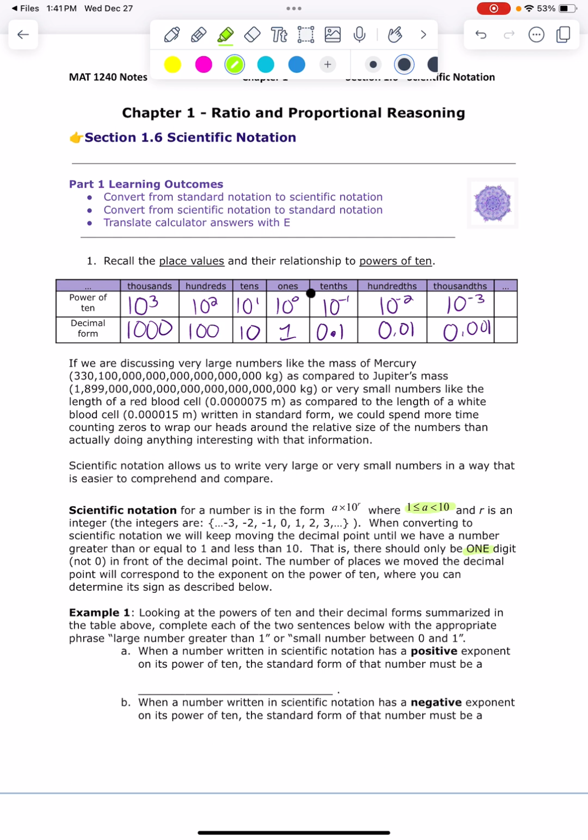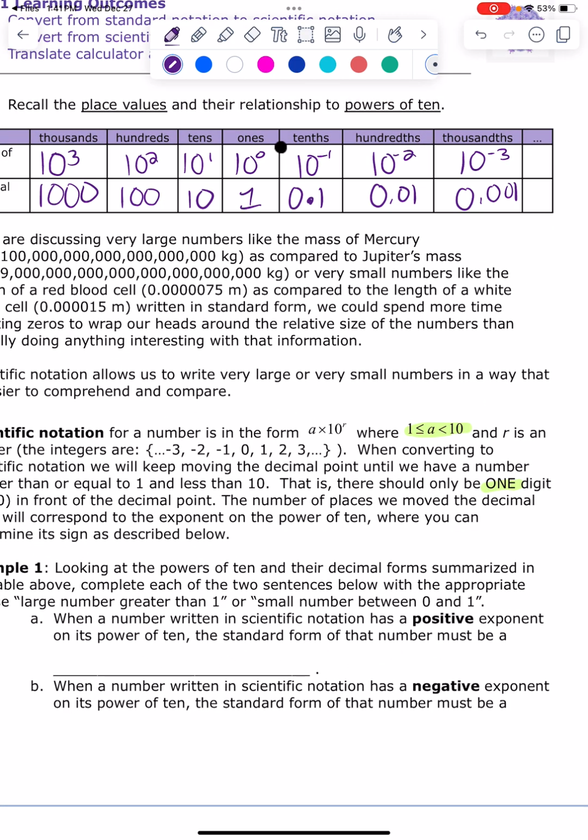Example 1: looking at the powers of 10 in their decimal form summarized in the table above, complete each of the two sentences below with the appropriate phrase, large number greater than 1, or small number between 0 and 1. When a number written in scientific notation has a positive exponent on its power of 10, the standard form of that number must be a very large number, and it is greater than 1.